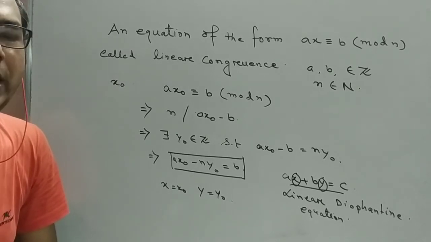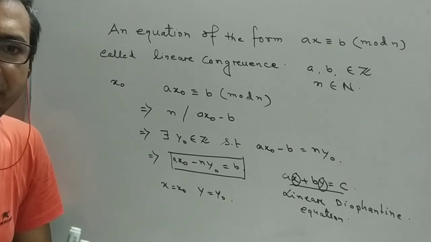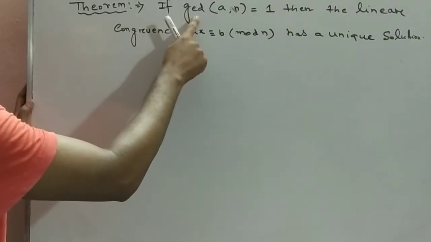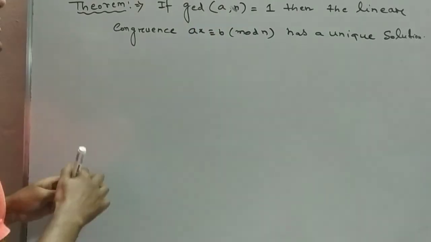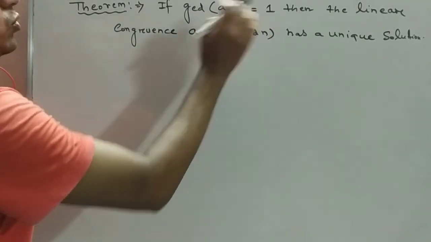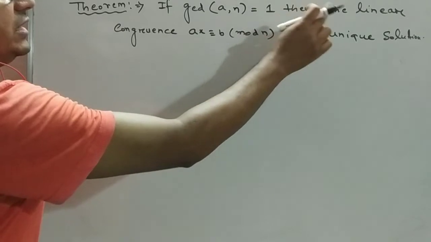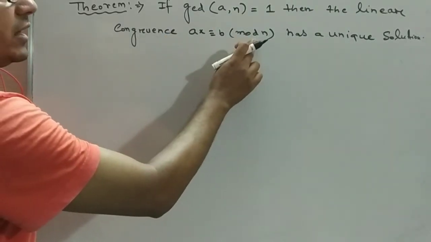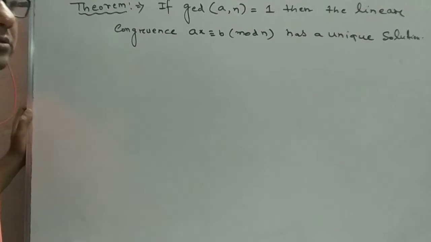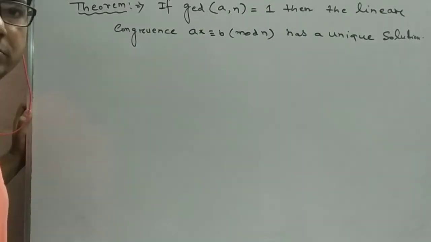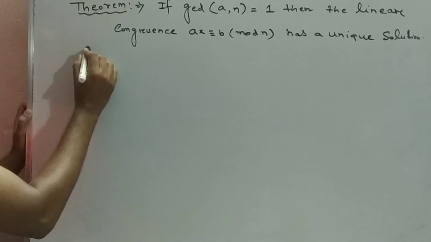The first theorem is: if GCD of A and n equals 1, then the linear congruence Ax congruent to B mod n has a unique solution. That is, the linear congruence has only one solution. Now, proof.